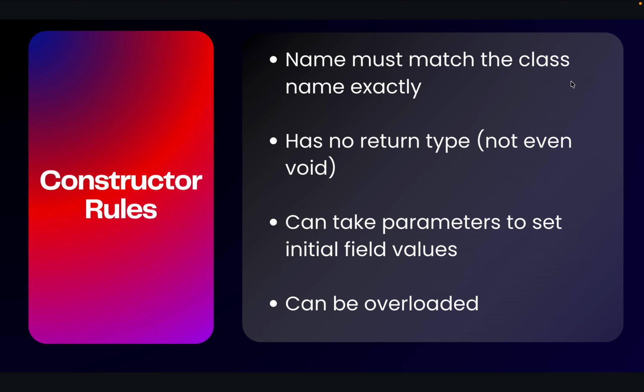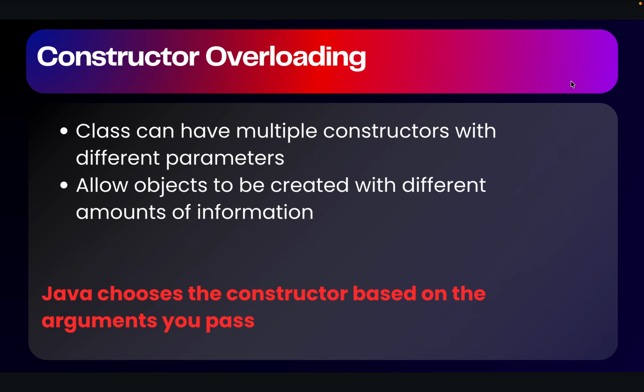And you can overload constructors, meaning you can have different versions of the constructors that take different parameters into them. So when I mean different parameters, that means there may be a case where you want some objects to have some information and the other ones to have different information.